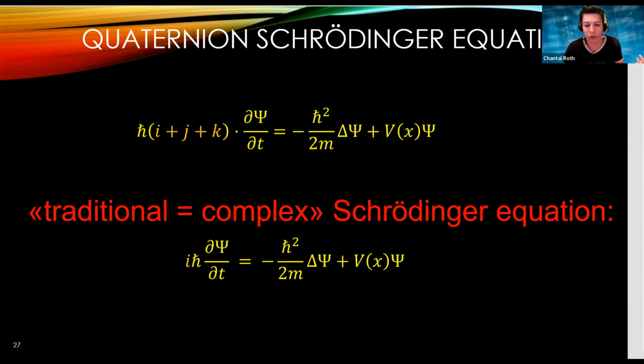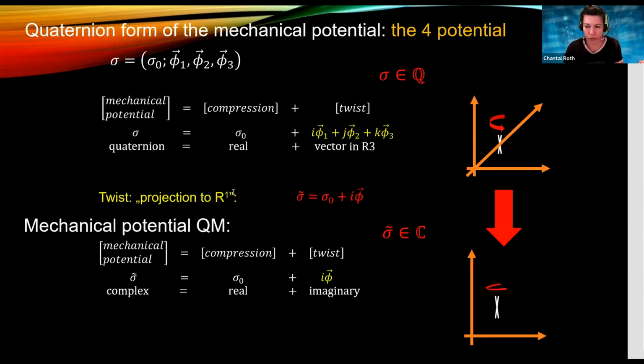And also if you look at the mechanical potential, the main difference is that before we just had one axis, really, the i, and now we have 3 axes of rotation, right? And you can actually do a projection if you wanted to. So you could always go back from the quaternion to the complex numbers if you wanted to. But at least to me, 3 axes of rotation make more sense than just one.